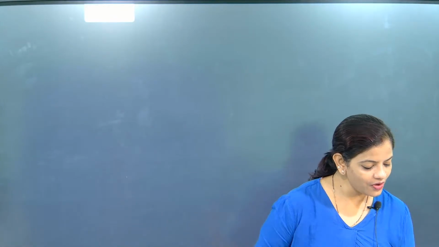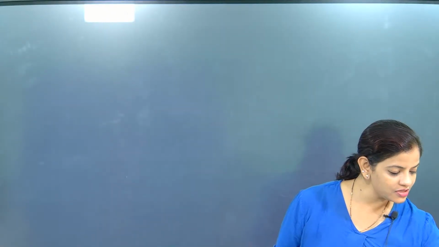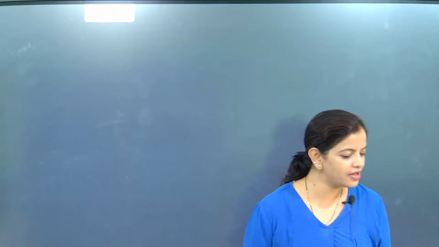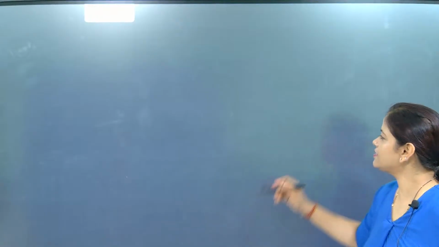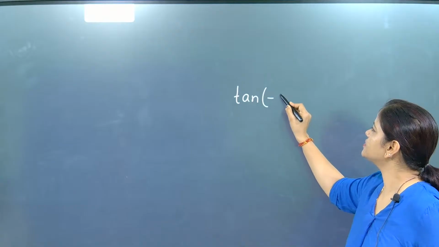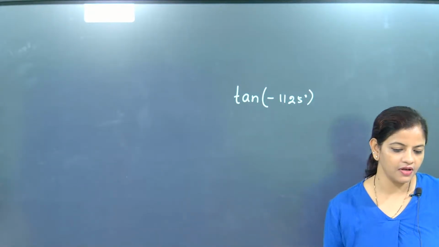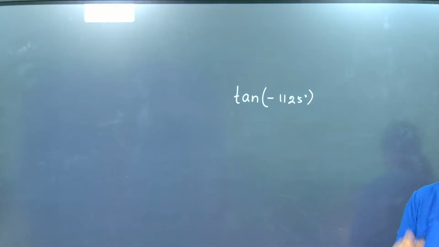I'm giving you a question. Let's see how you are going to solve it, because these questions are a little bit tricky. Actually, it is not tricky. The question is tan of minus 1125 degrees. Solve it. This is a small question. We will shift to another pattern of questions today.